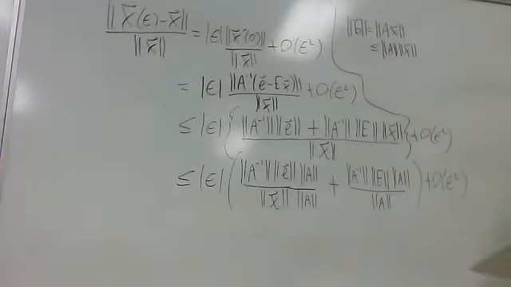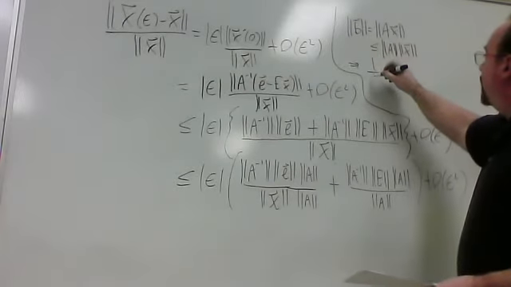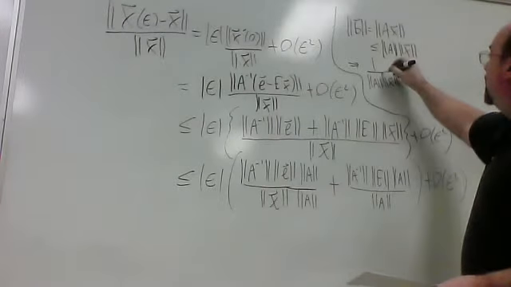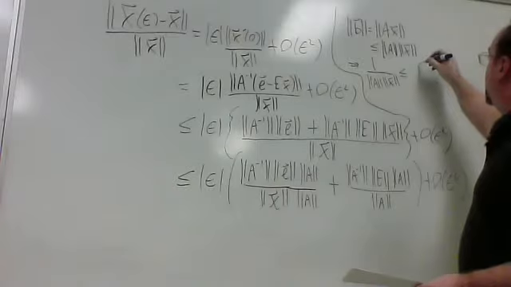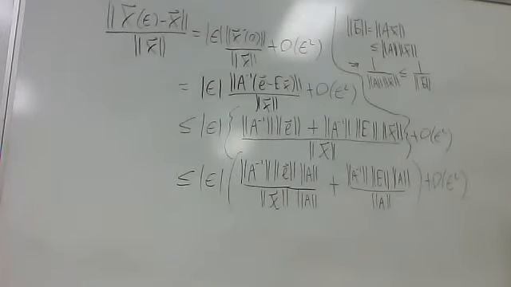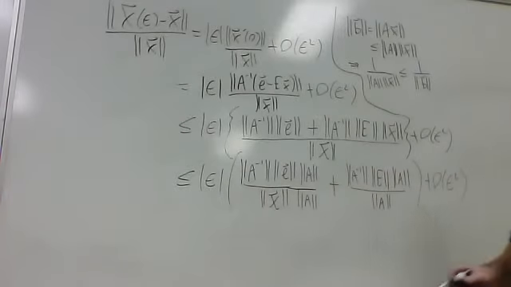So if I take 1 over both sides, 1 over the norm of A times the norm of x is less than or equal to 1 over the norm of B. So I can make this larger by replacing these two norms with norm of B.